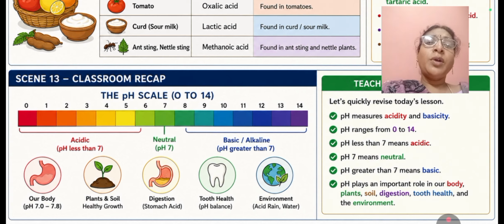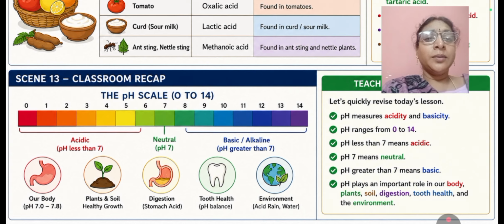In our stomach, the digestion pH is 7. For a healthy tooth, the pH value is basic, greater than 7. If the pH value is greater than 7, we are safe from tooth decay.